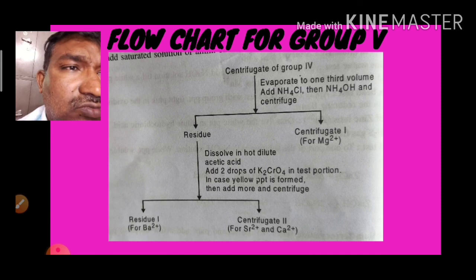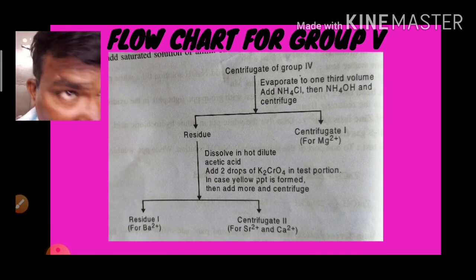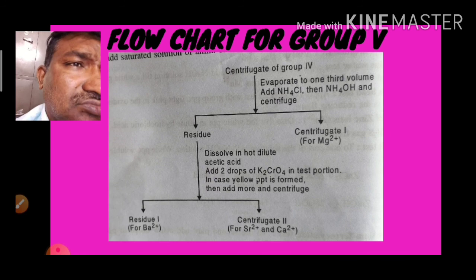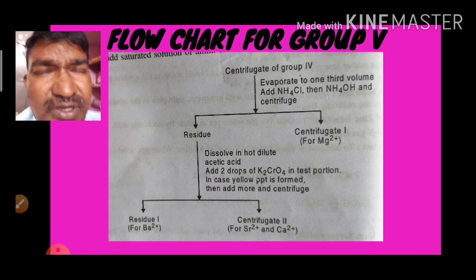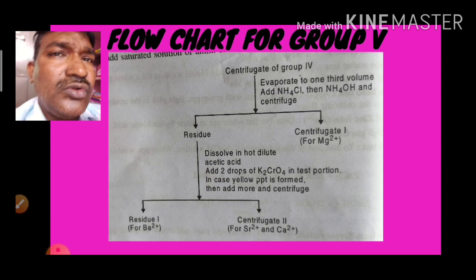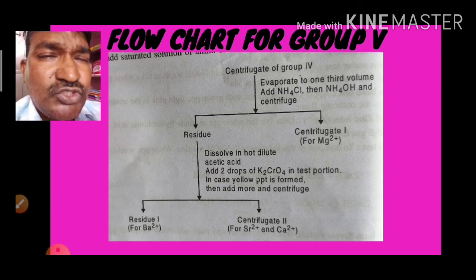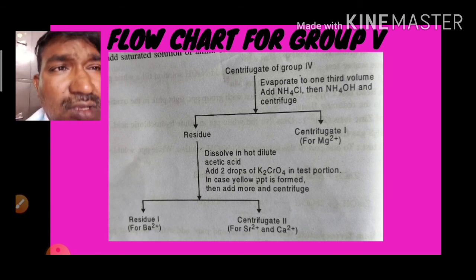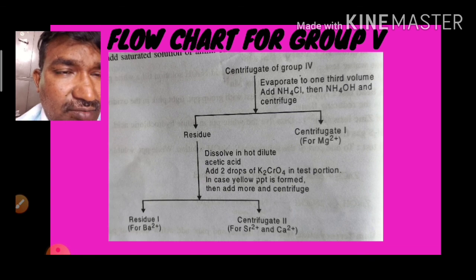Now we go for the fifth group cations analysis. If we don't get any precipitate in the fourth group, we have to remove the H2S by boiling it. Then we have to add ammonium chloride, ammonium hydroxide and ammonium carbonate.